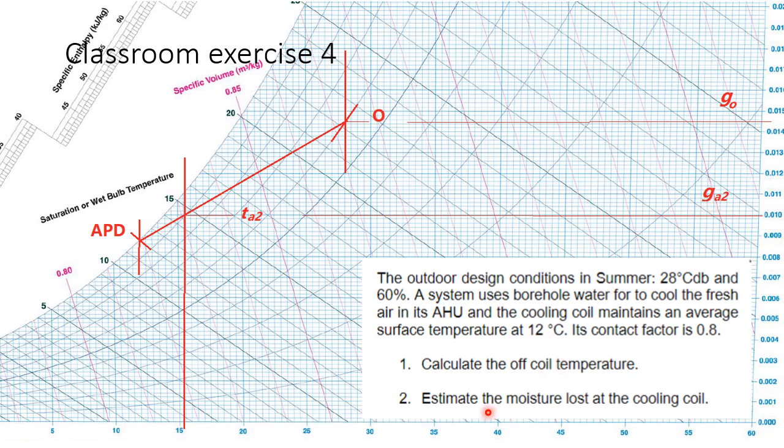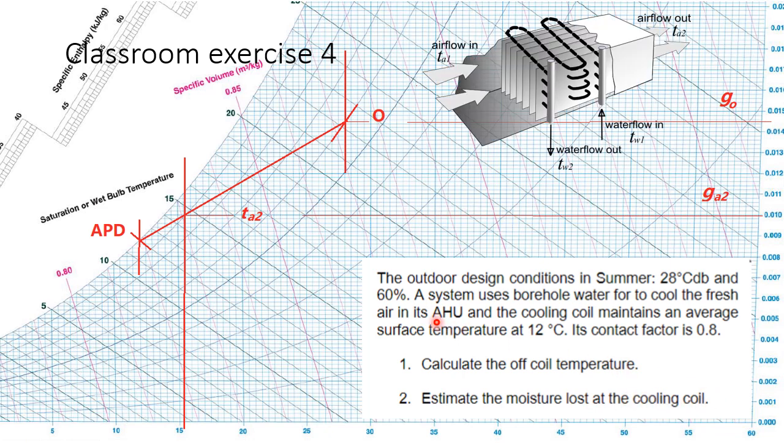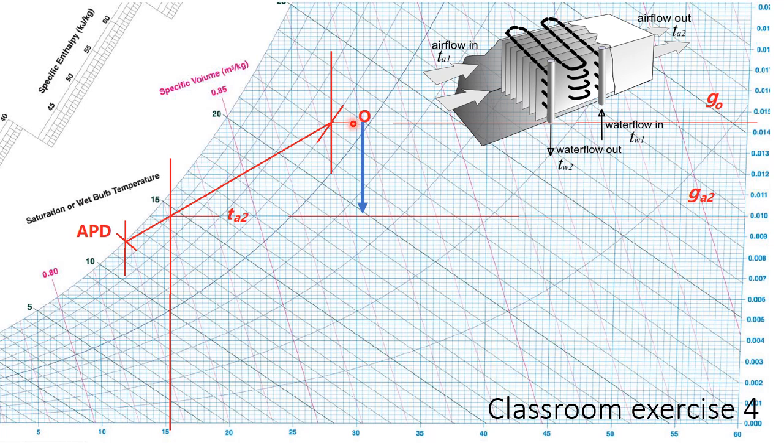So remember, the second question is to estimate the moisture lost at the cooling coil, right? So how do we do this? We bring back this device, so the air going in here has more moisture, GO, and out comes GA2, right? Less moisture content. So now this is a drop in moisture content. The drop delta G is GO minus GA2.